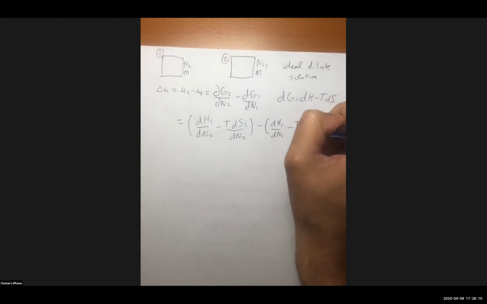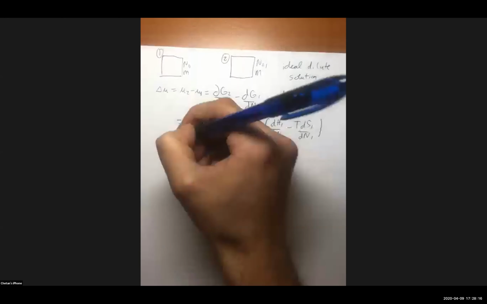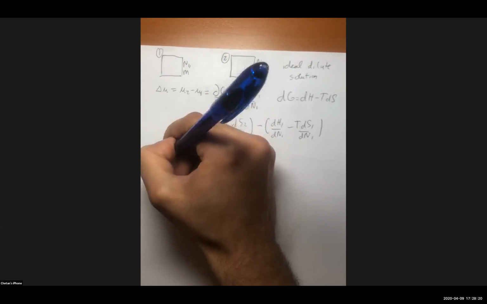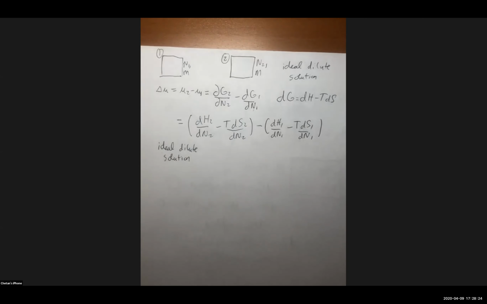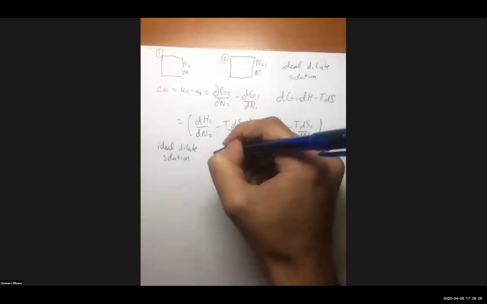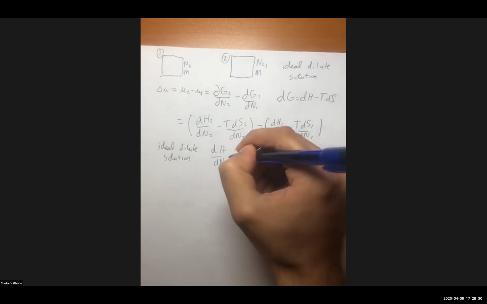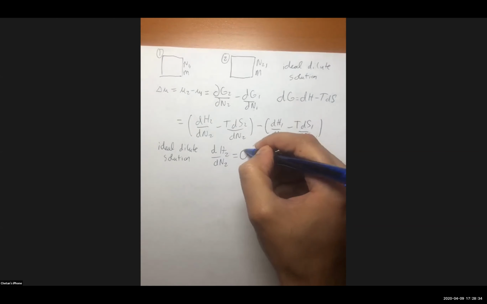T dS1 dN1. Now we can actually simplify some stuff because we know this is an ideal dilute solution, meaning there's so few solute molecules bouncing around in that solution that our enthalpy change can actually go to 0. So these terms, dH2 divided by dN2, will go to 0.